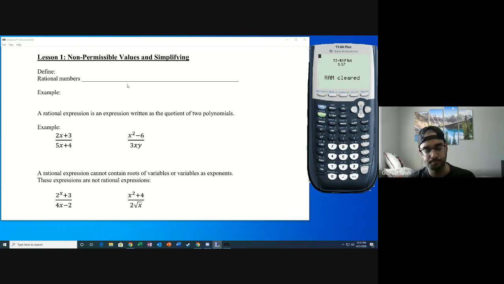So a rational number, the definition, it can be something that you can write as a fraction. So rational numbers are fractions that have integers for both the numerator and denominator, but the denominator is non-zero.